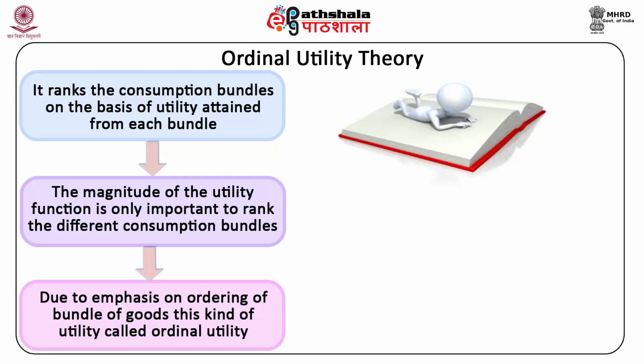This clearly shows that as tea is assigned a higher number, it gives more utility than coffee, and hence tea is preferred over coffee. We are not bothered about exactly how much more. Even if coffee gives utility equal to 19 units, then also tea is preferred over coffee.